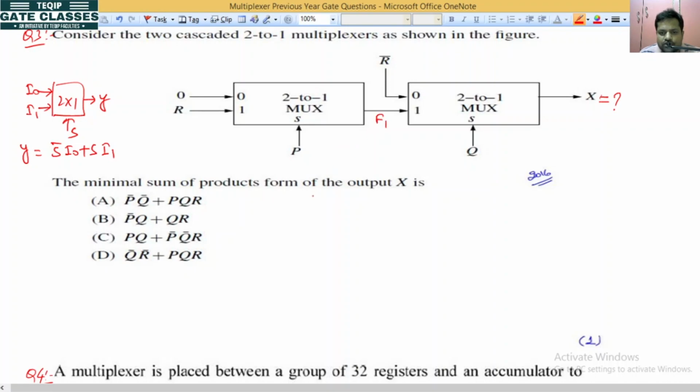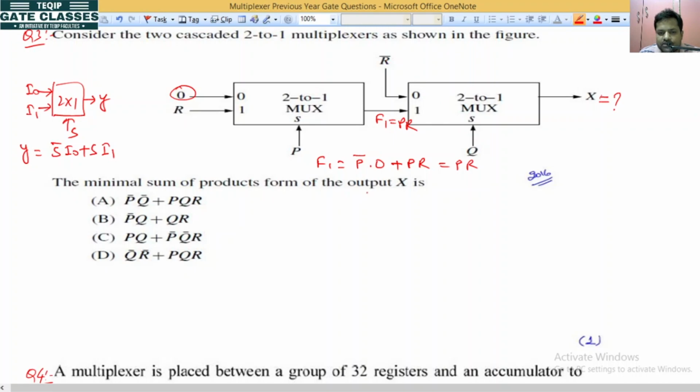So f1 will be p bar dot 0, because in place of s we have p, so it will be p bar dot I0, which is 0, plus again p r, so it will be pr. So f1 is pr, this one is pr, and this is r bar.